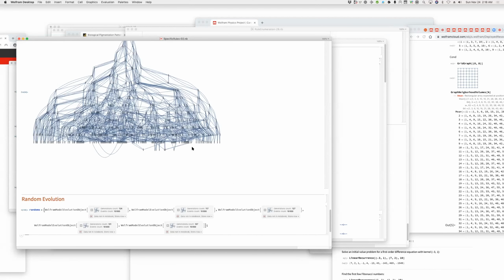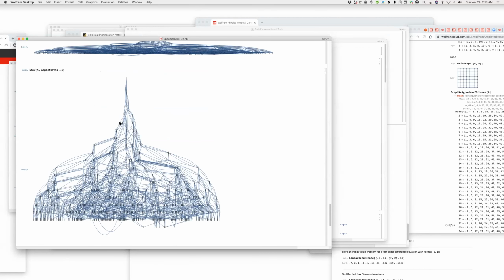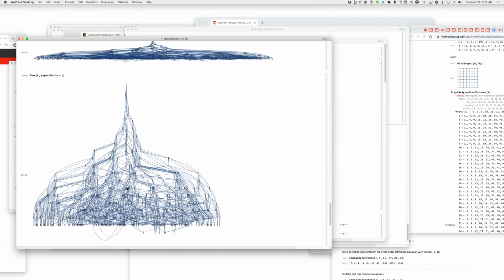I mean, basically, can you look at a causal graph? Can you look at a causal graph from the random evolution? And this was the aspect ratio 1 causal graph for the layered graph plot.